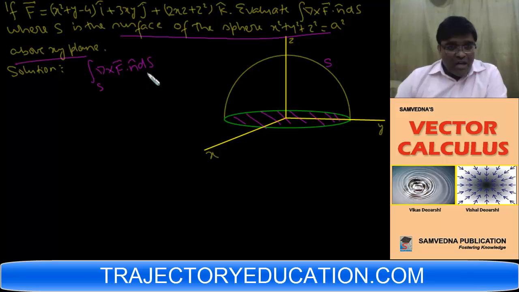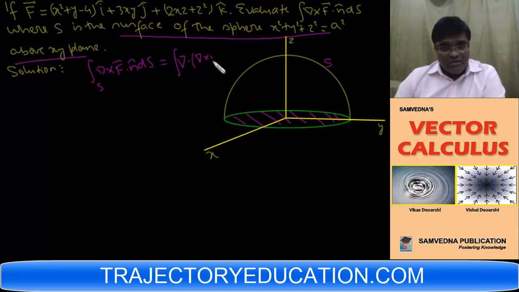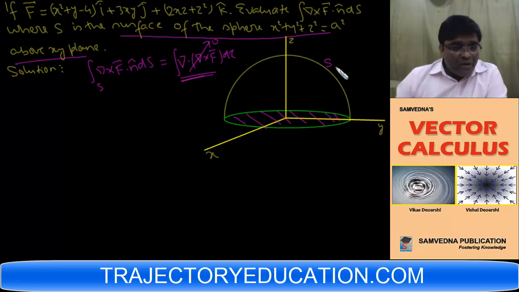If suppose we imagine the surface had been closed, this S would have been this plus the base, and in that case this would have been equal to the volume integral of del dot curl f dV, and this is always 0. But unfortunately the surface is not closed, the surface is open.